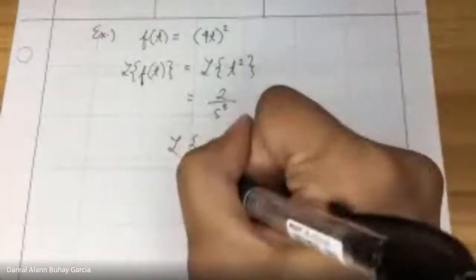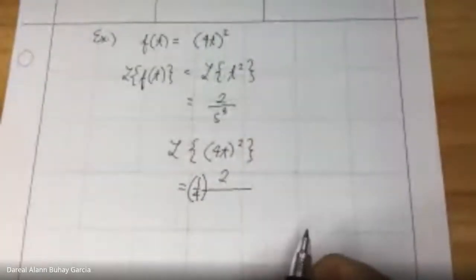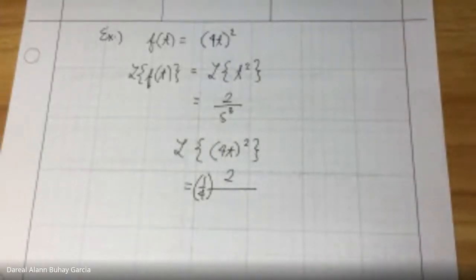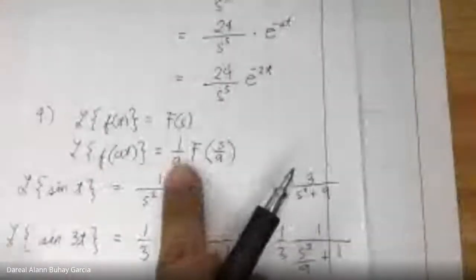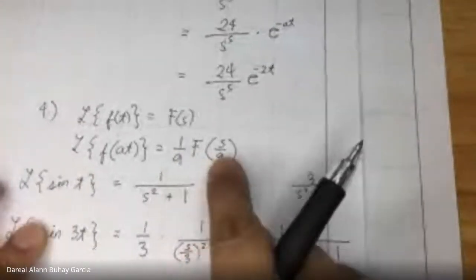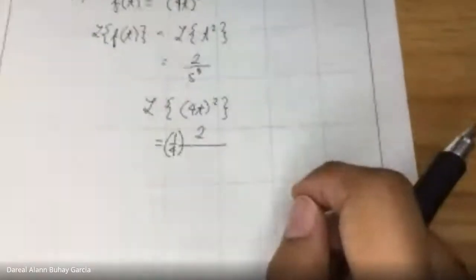It's in the notes. It is 1 over a times the Laplace of that function, and we replace the independent variable with s over a.